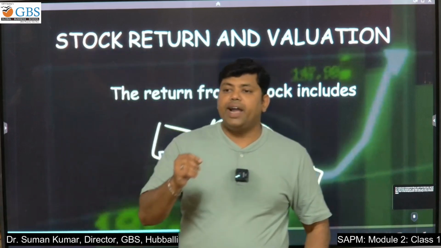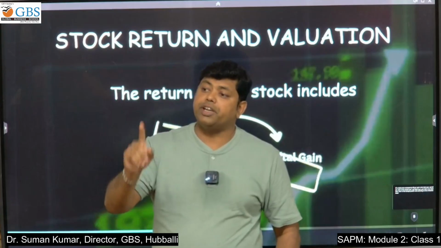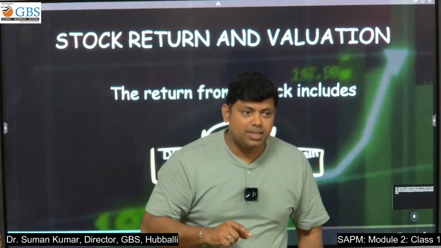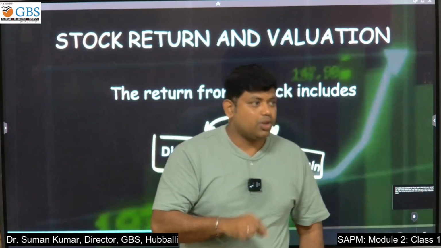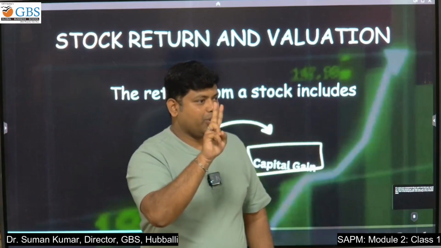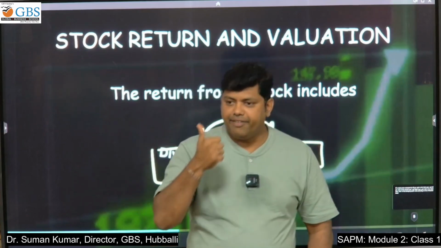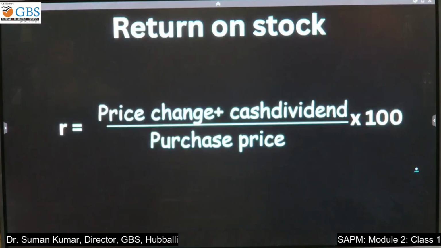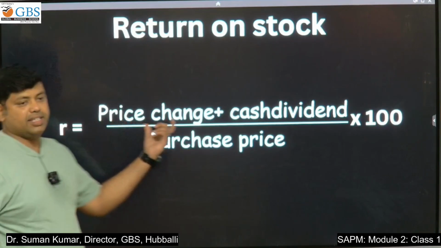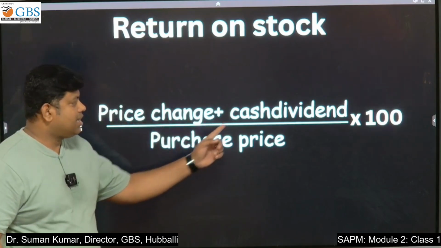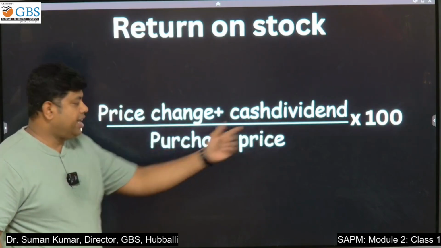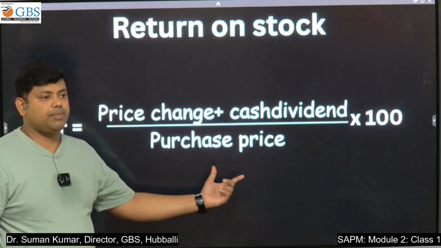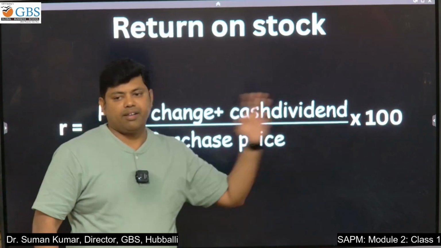Why should we understand these two? Because to calculate the return on a stock, on a share, these two things are required: dividend and capital gain. This is the formula for return on stock: price change plus cash dividend, divided by purchase price, into 100.